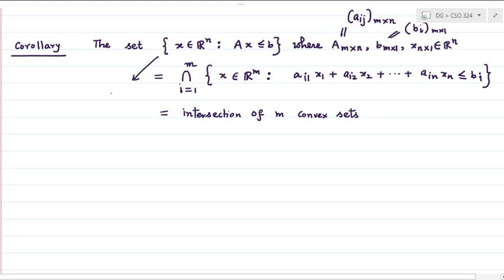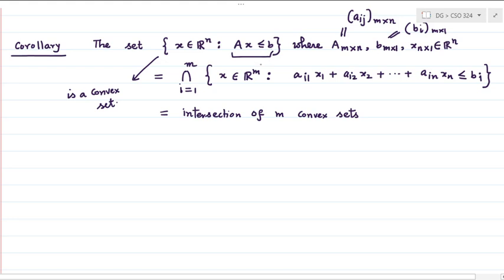So this is a convex set, a linear inequality region. By linear inequality region, I mean where A is a matrix and b is also a vector, which can be treated as a matrix of order m by 1.